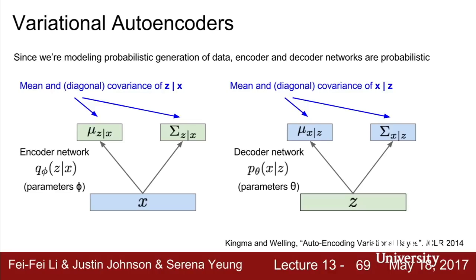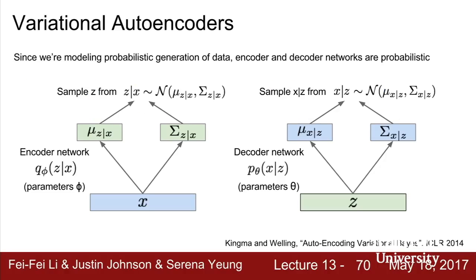So now our encoder network, Q of z given x, with parameters phi, is going to output a mean and a diagonal covariance. And from here, this will be the direct outputs of our encoder network. And the same thing for a decoder network, which is going to start from z, and now it's going to output the mean and the diagonal covariance of some x, right, same dimension as the input, given z. And then this decoder network has different parameters, theta.